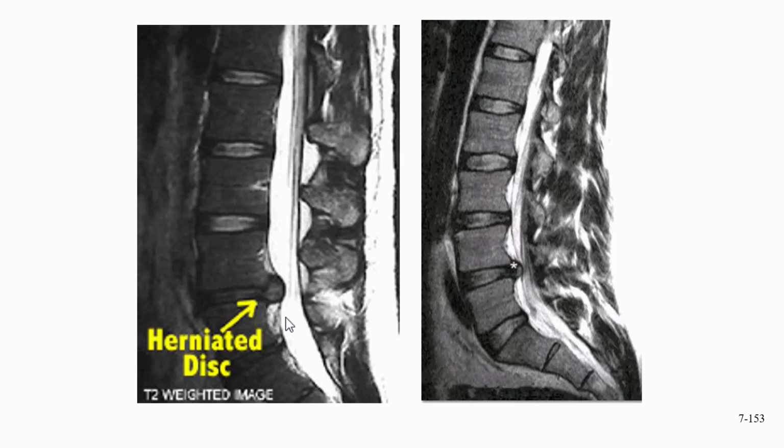And here on an MRI, we can see an example of a herniated disc. Now, we're typically not going to see a herniated disc on X-ray because this is all soft tissue, and the X-ray is just going to go right through, and you're not going to see it. You can get a hint that there might be a herniated disc because of the signs and symptoms.